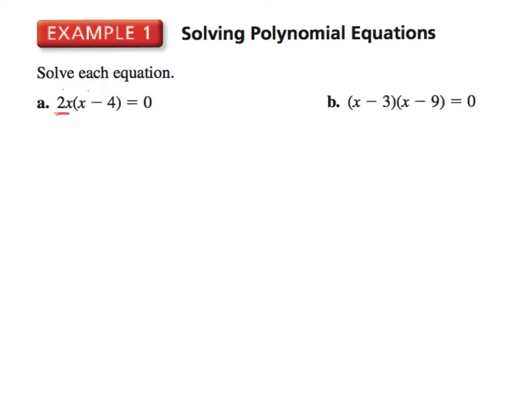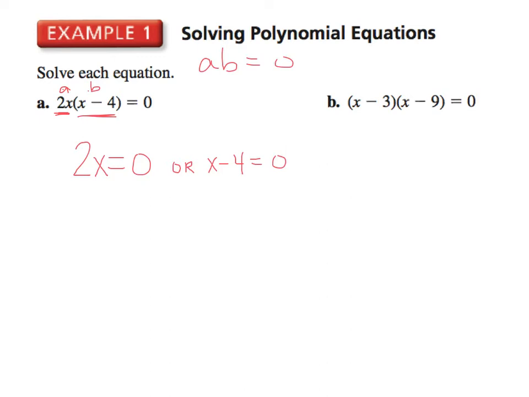Either this has to equal 0 or this has to equal 0, because remember, ab equals 0. So you're going to take each of these and set them equal to 0. Either 2x has to equal 0 or x minus 4 equals 0. One of them is equal to 0.